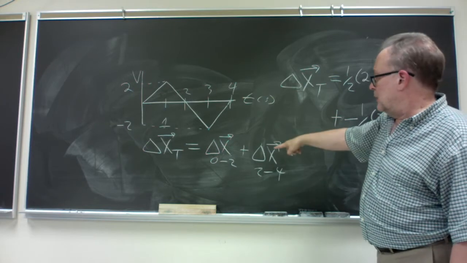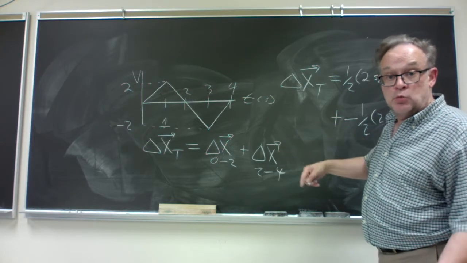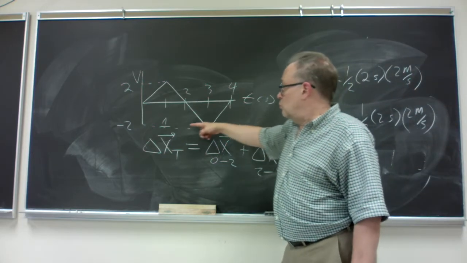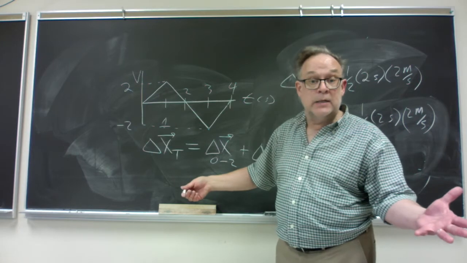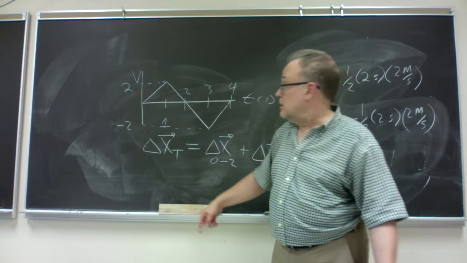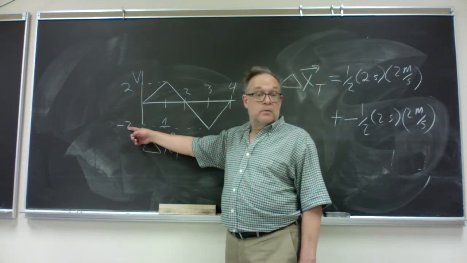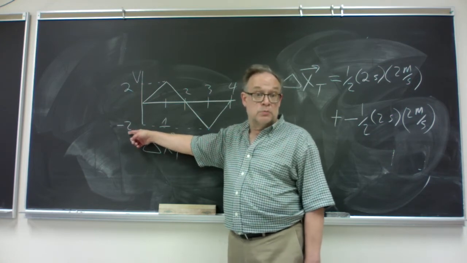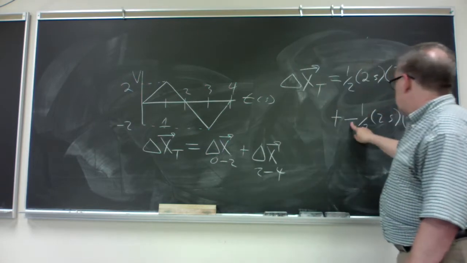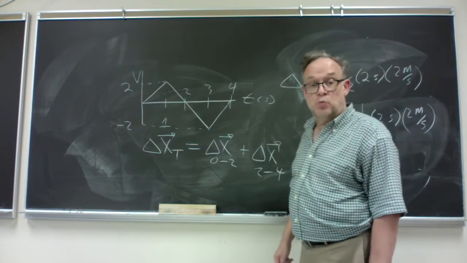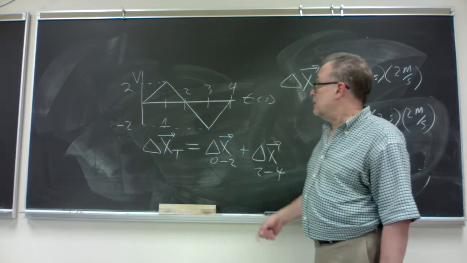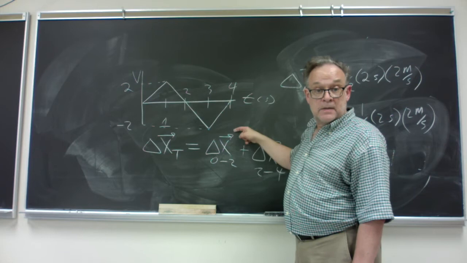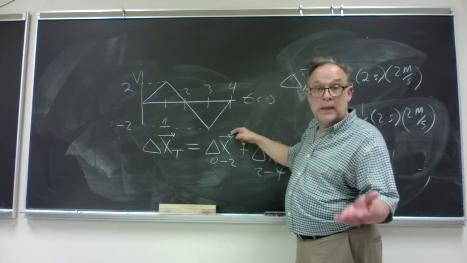When we say that this displacement here, this negative displacement, is -1 times area, we've taken care of the minus sign just by thinking that. We don't need to worry any longer about the fact that this is a negative 2 meters per second. -1 times area just means -1 times an area of 1/2 times this base length times this height length.